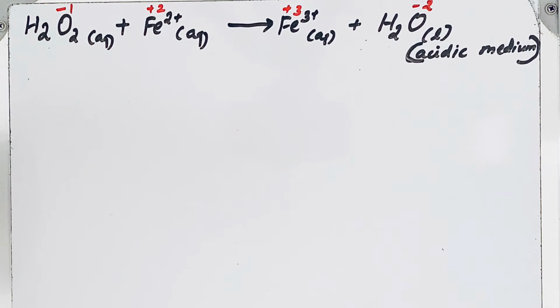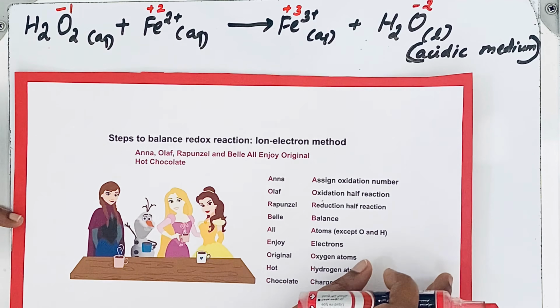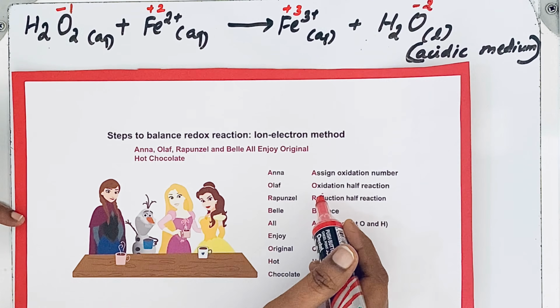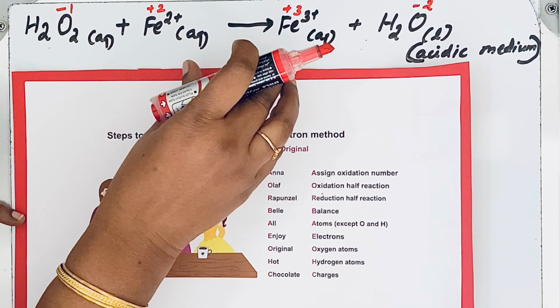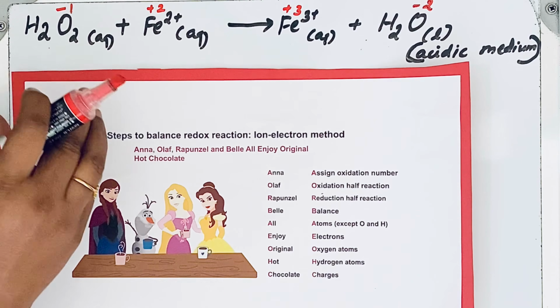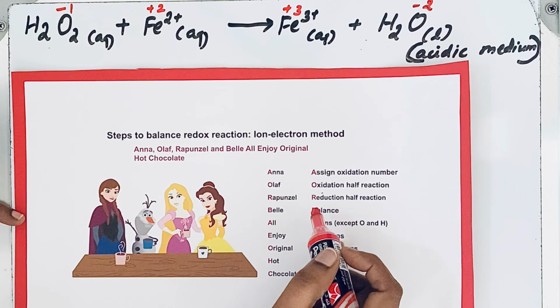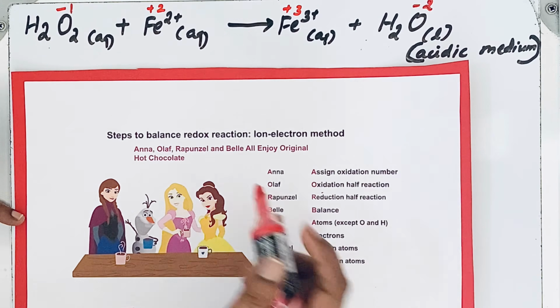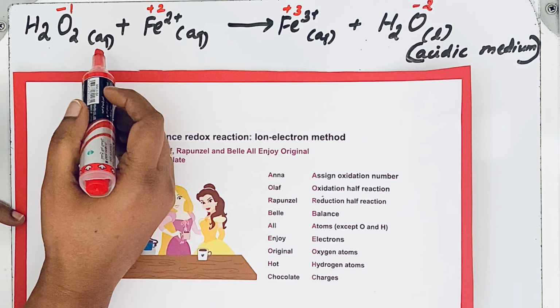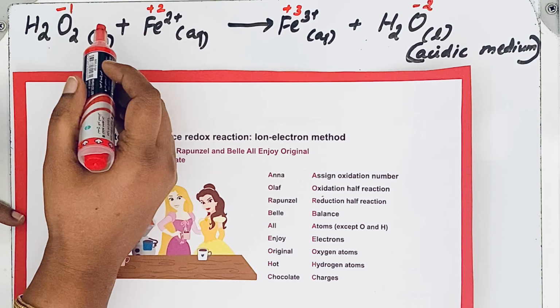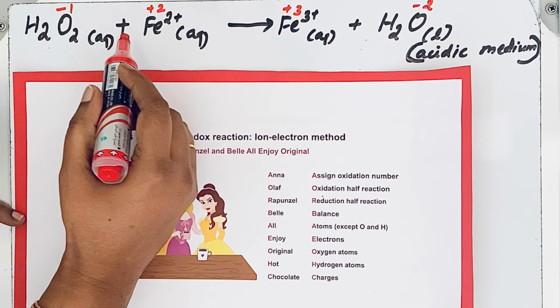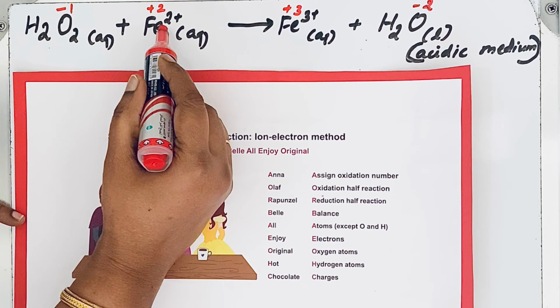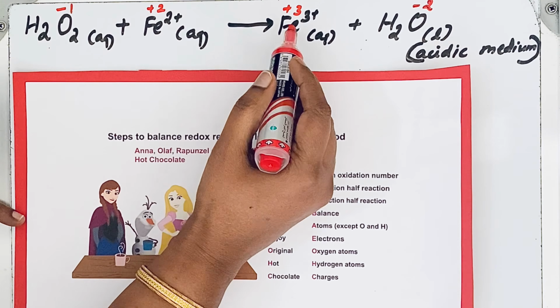So second step, oxidation half reaction. We are going to split this reaction into two half reactions. One is the oxidation half reaction, and the third step, the reduction half reaction. Which one is oxidation? Increasing oxidation number we call oxidation. So here you can see ferrous Fe2+ to Fe3+ ferric.